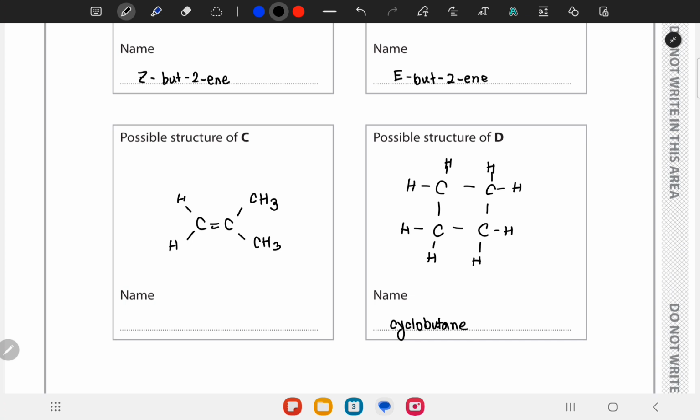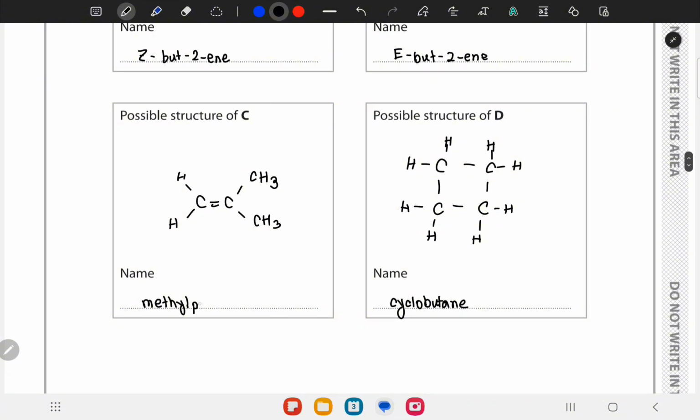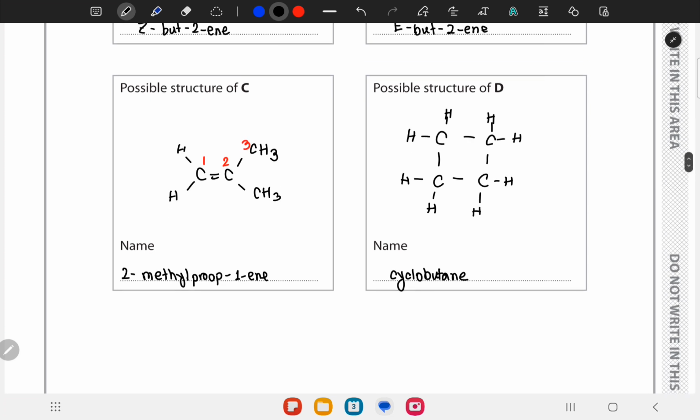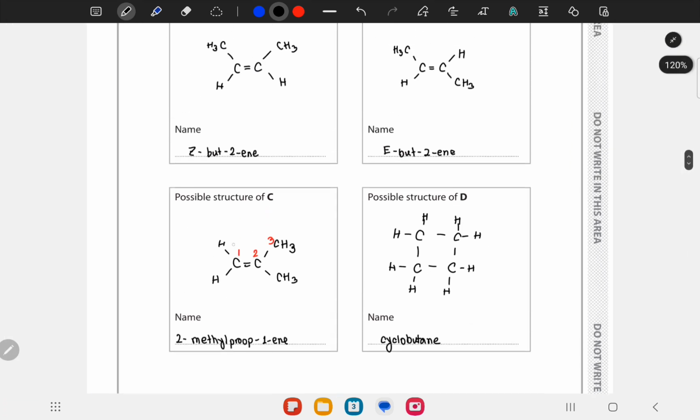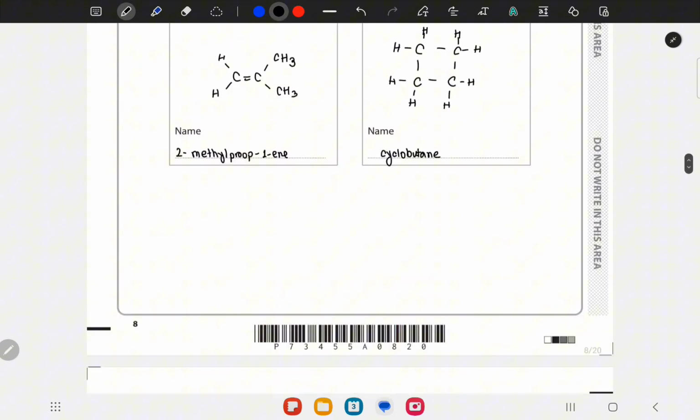This is 2-methylpropene. That's it for question 18a.